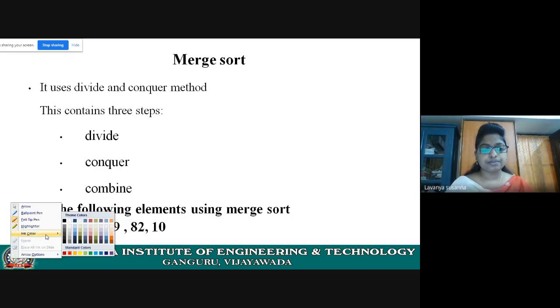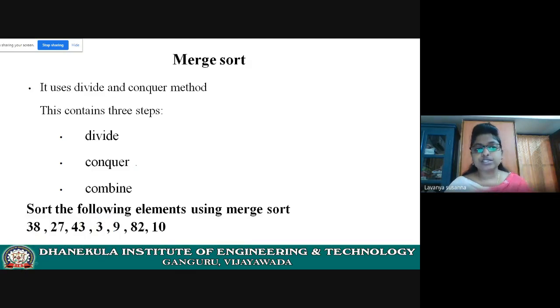See here. This merge sort follows a divide and conquer method. That means, what is happening in the divide and conquer method?